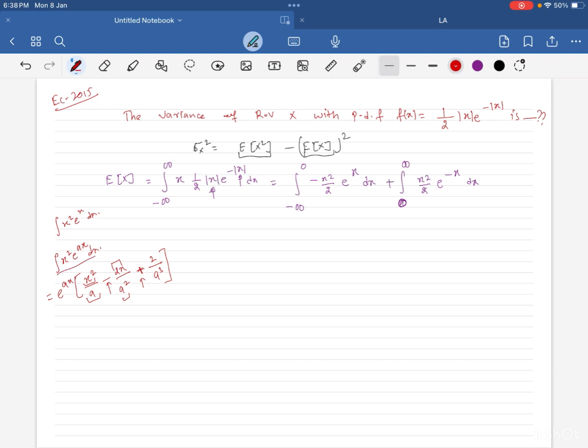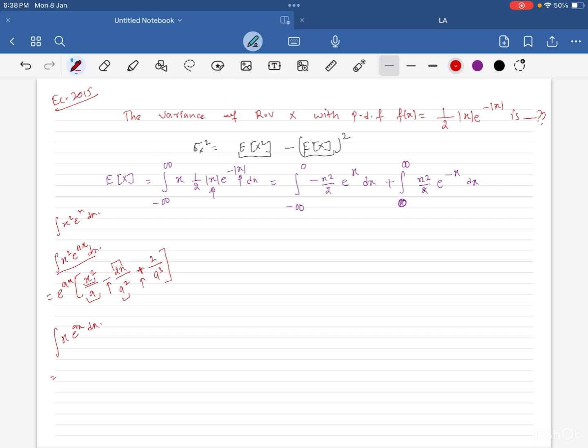Similarly, if you can calculate this, x e to the power ax dx, what would be the integration of this? You can go using by parts. What I am doing is directly writing the result, and if you know how to write it, it would be good.